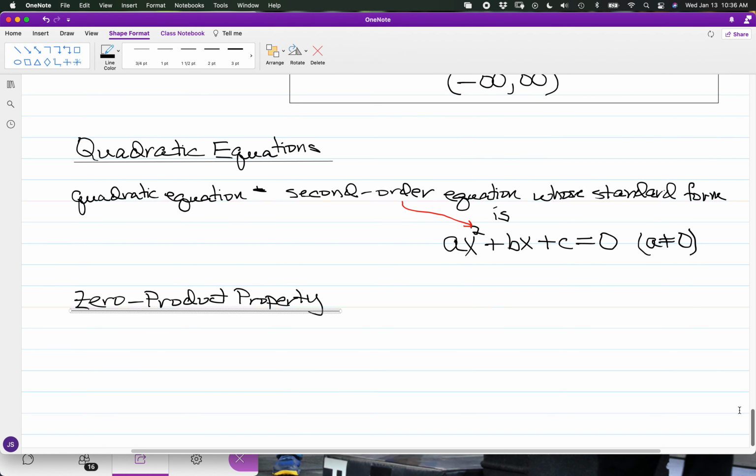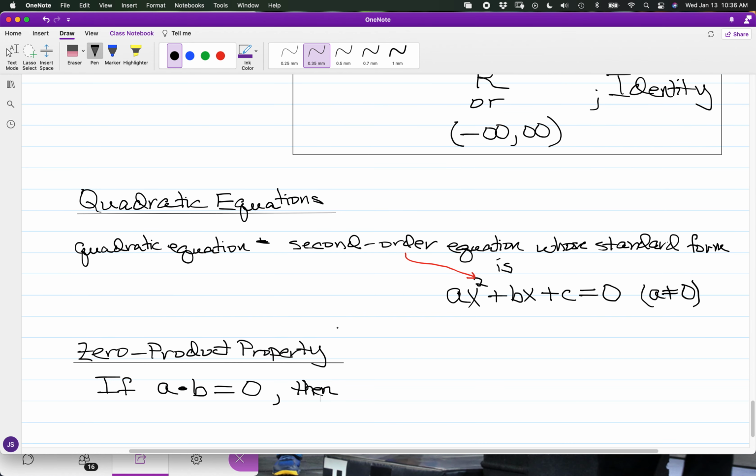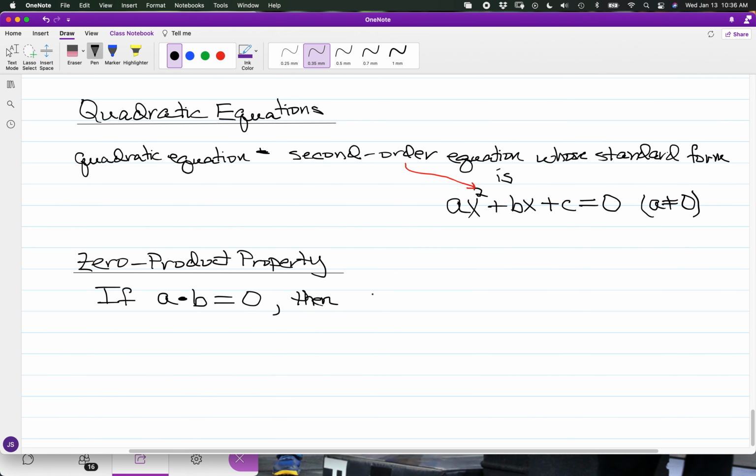And this property is not limited to just two terms. But say you have expressions a and b. If a times b is equal to 0, then at least one of the following has to be true: either a has to be equal to 0, and if it is not, then b has to be equal to 0.